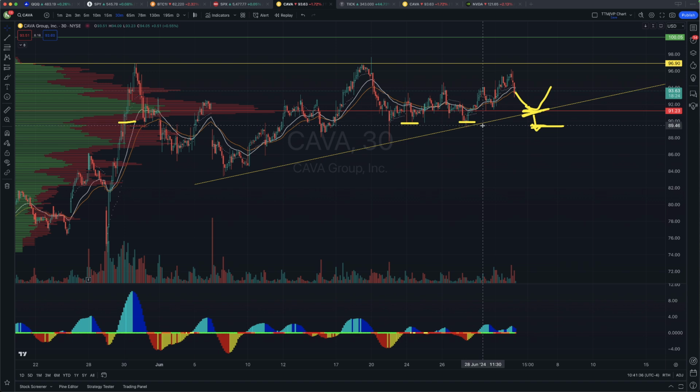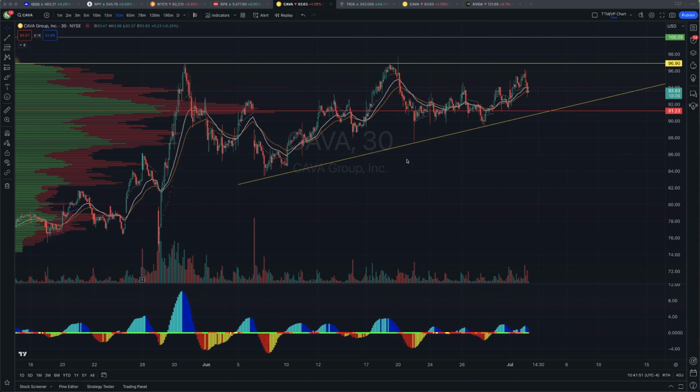For me, if I had been playing it in here, that would be a breakdown. So is the chart broken down? Not at all. This chart still looks absolutely stunning. This is a stunning chart.